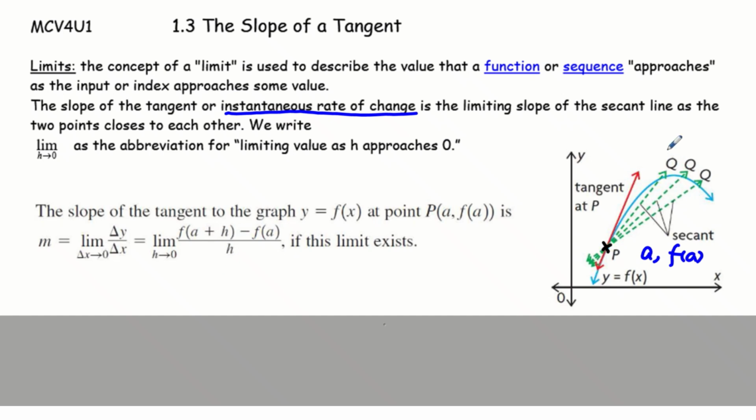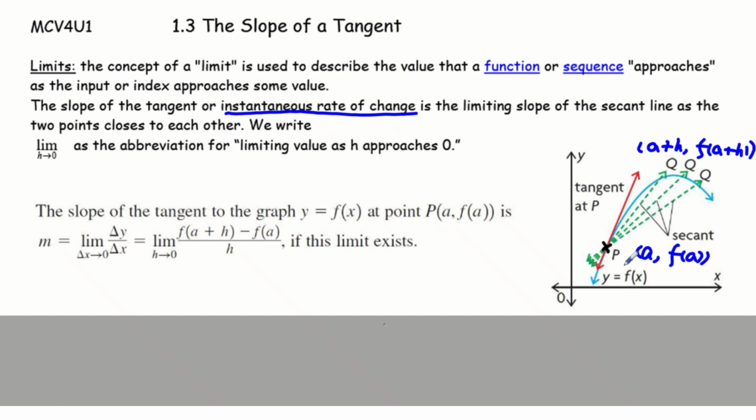So for another point, we use a plus h, and the y value will be substituting a plus h into the function f of x. We have f of a plus h. Then use x1, y1, x2, y2. We do the difference of the y values over the difference of the x values.